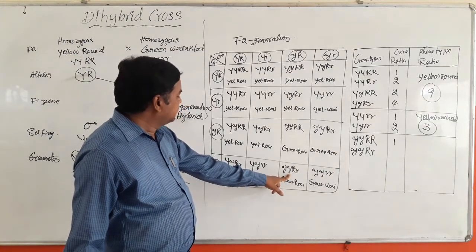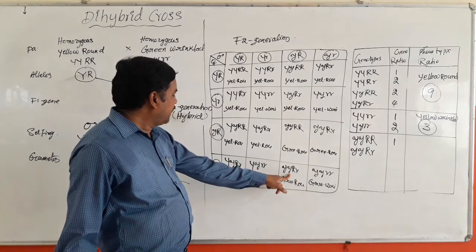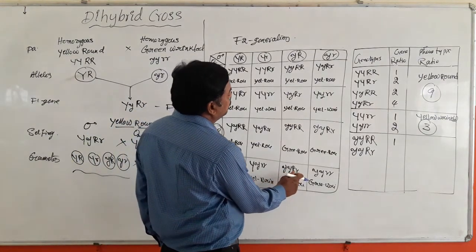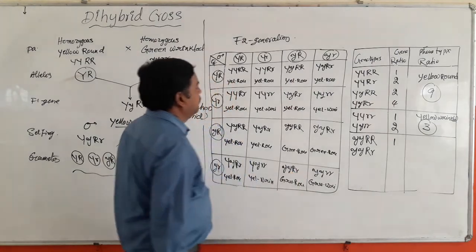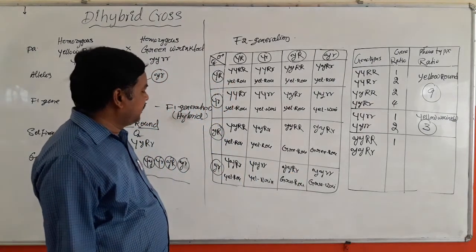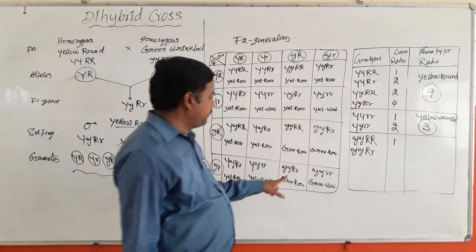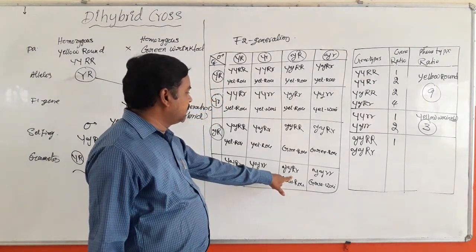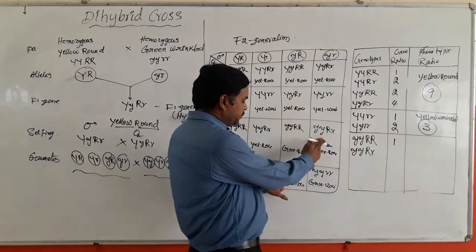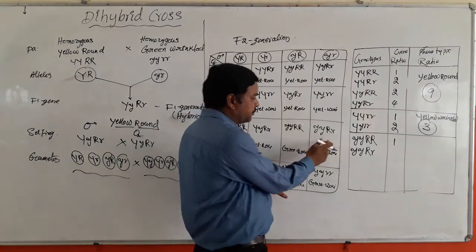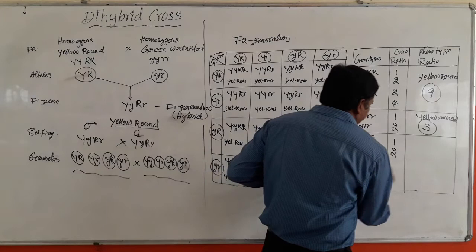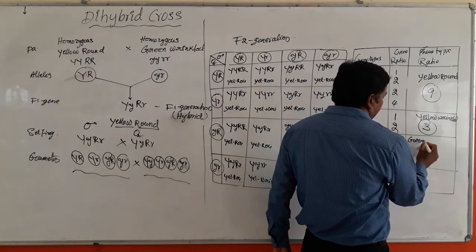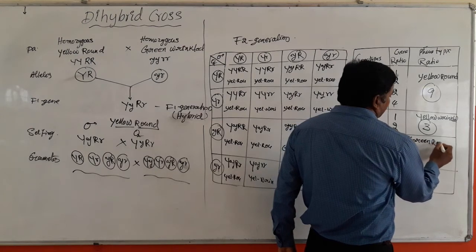This is one genotype, and another genotype. Find out the next genotype. This one. Okay, so there are 2 plants, these 2. These plants are the green round.